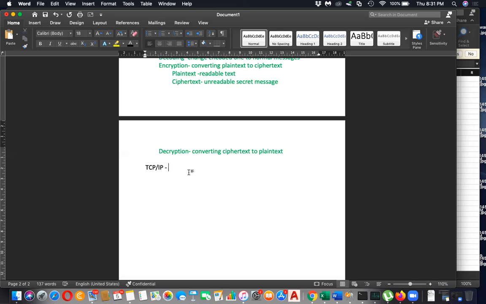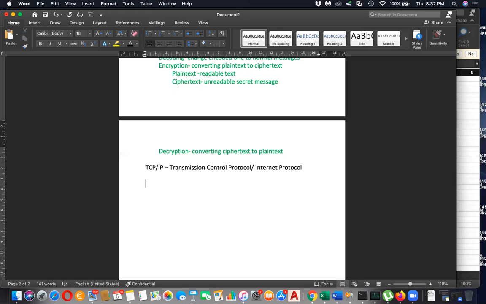So two things: TCP means Transmission Control Protocol, and the second one is called Internet Protocol. First one is Transmission Control Protocol, the next one is Internet Protocol.